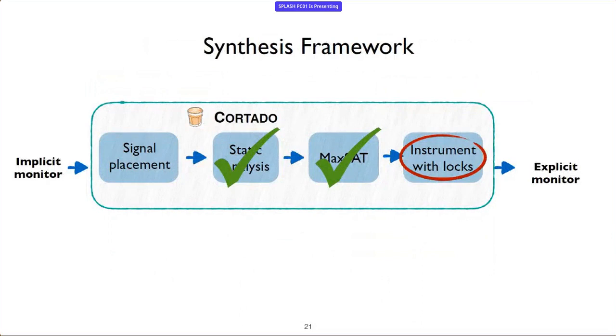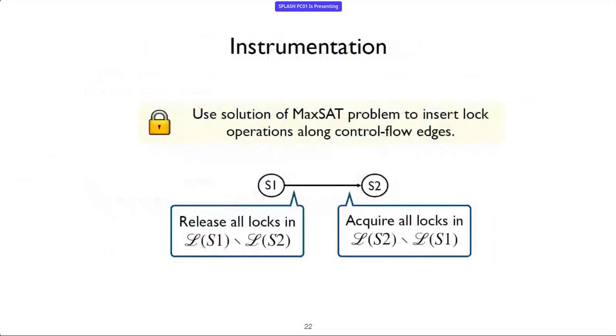Okay, so finally, let's see how we use the results of the MaxSAT encoding to do the instrumentation. So what we're going to do is basically ask the MaxSAT solver for an assignment, and we're going to use that assignment to insert locking operations along control flow edges.